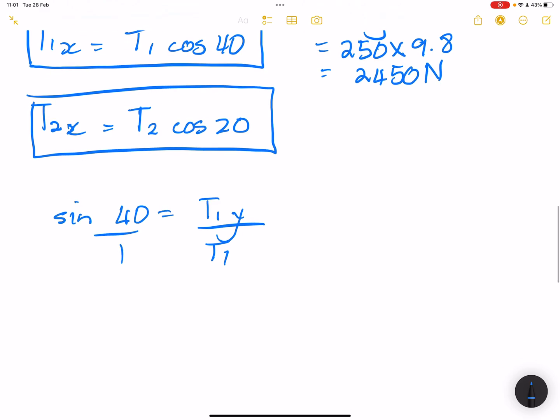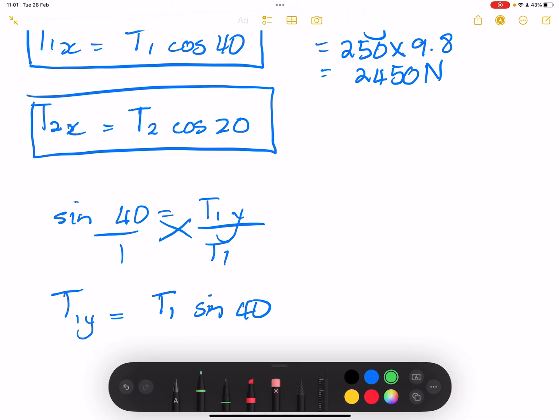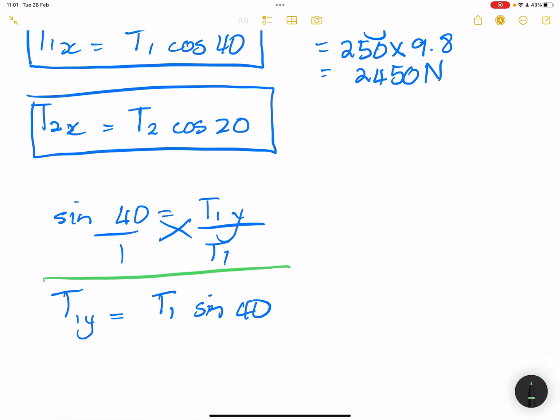Again, if we cross multiply, T1y is equal to T1 sine of 40 degrees. As a reminder, these are the vertical components, the ones in green.